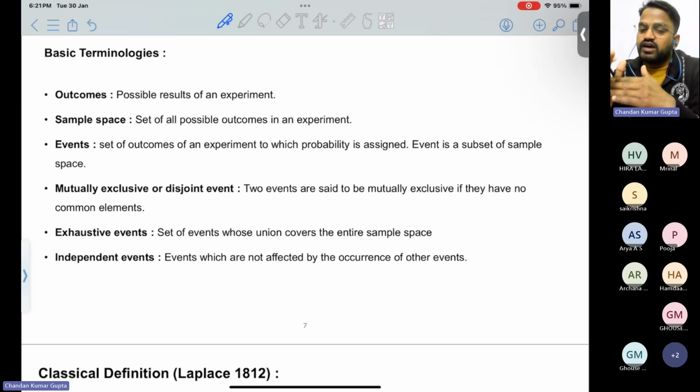So more than half of our work is done there, because in probability, in the denominator part there is a sample space related quantity, like the number of entries or number of units that are present in the sample space.